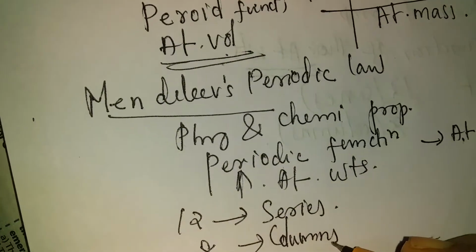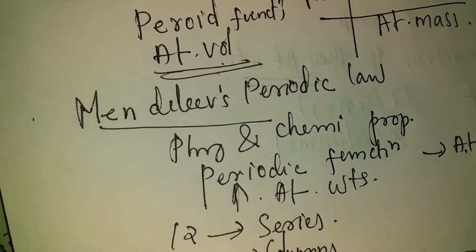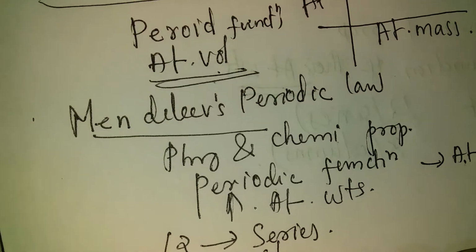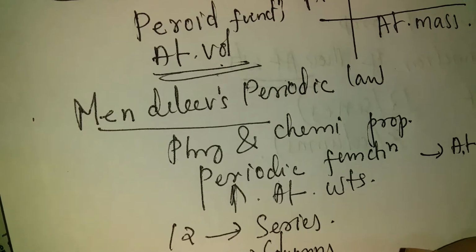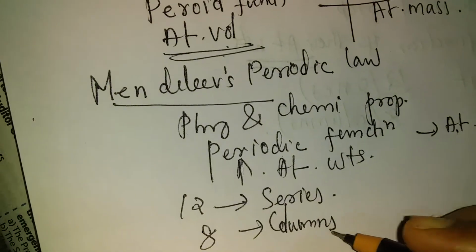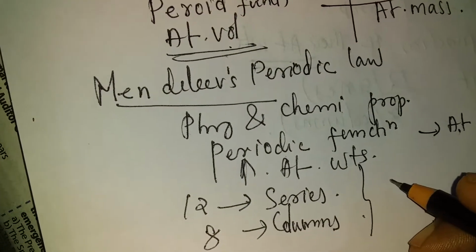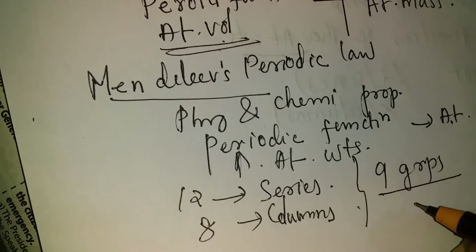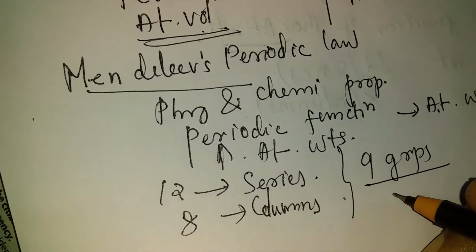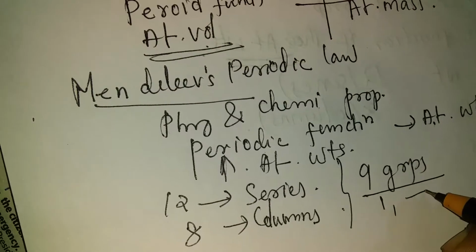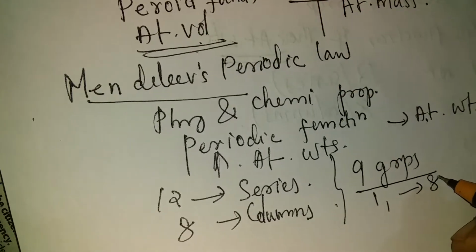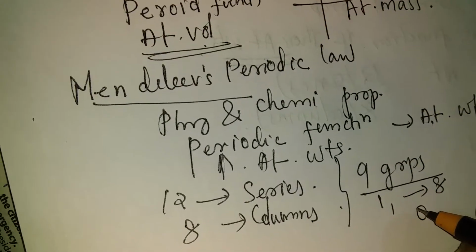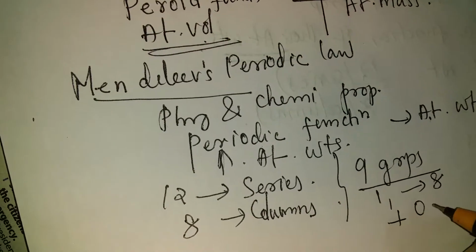The zero group was not known at Mendeleev's time, and after modification the zero group was added. So after modification, 9 groups were present in Mendeleev's periodic table, groups 1 to 8 and along with that another group, the zero group.